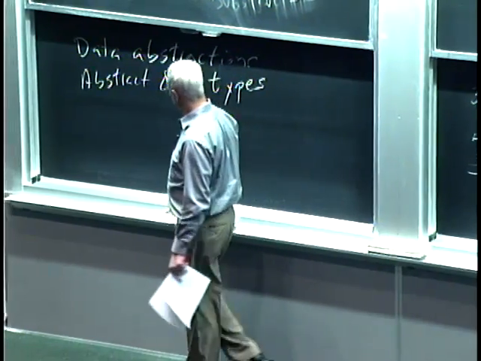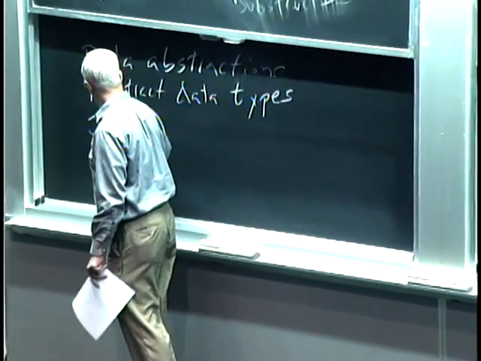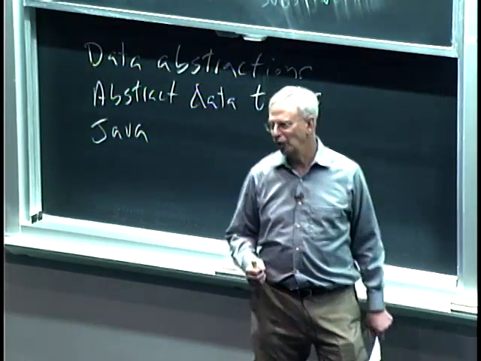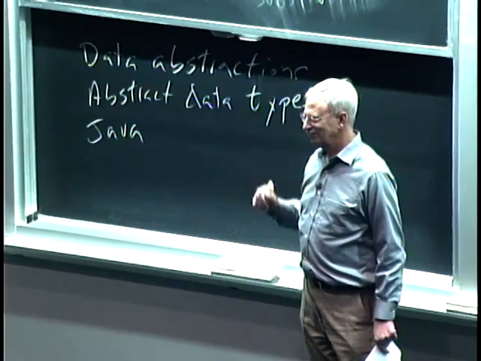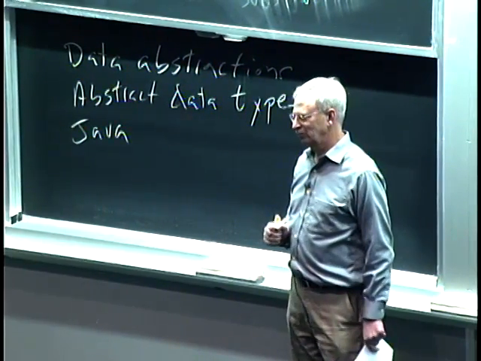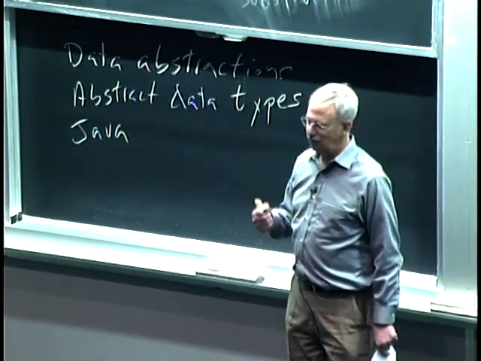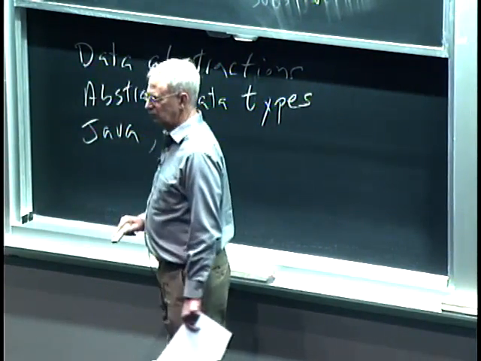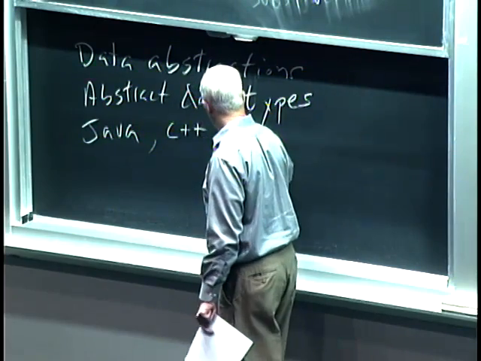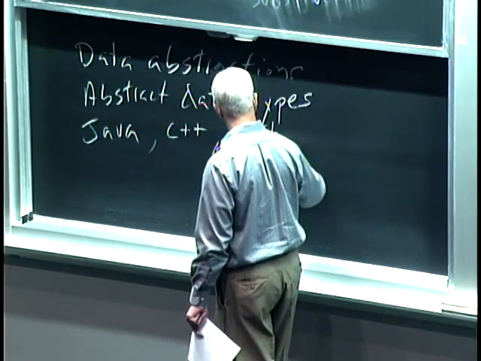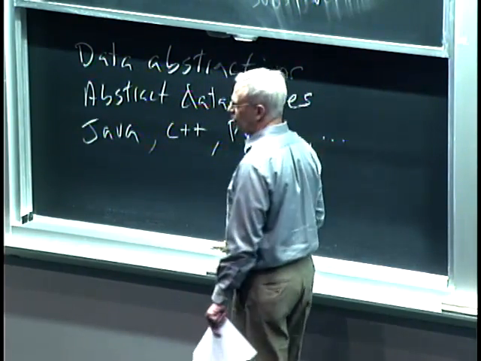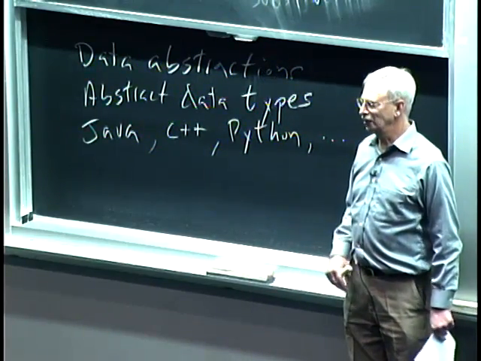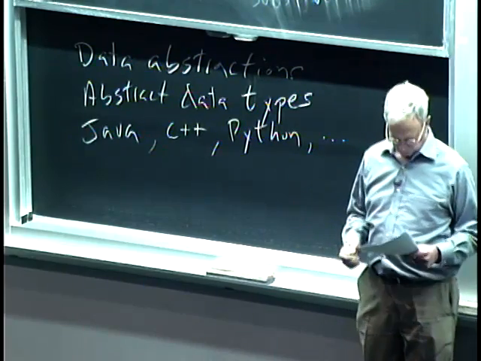But it really wasn't until, I would say, the arrival of Java that object-oriented programming caught the popular attention. And then Java, C++, Python, of course. And today, nobody advocates a programming language that does not support it in some sort of way.